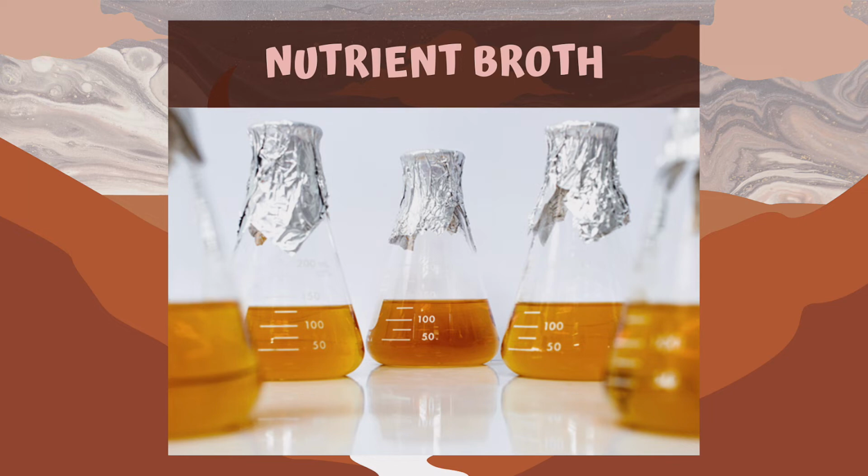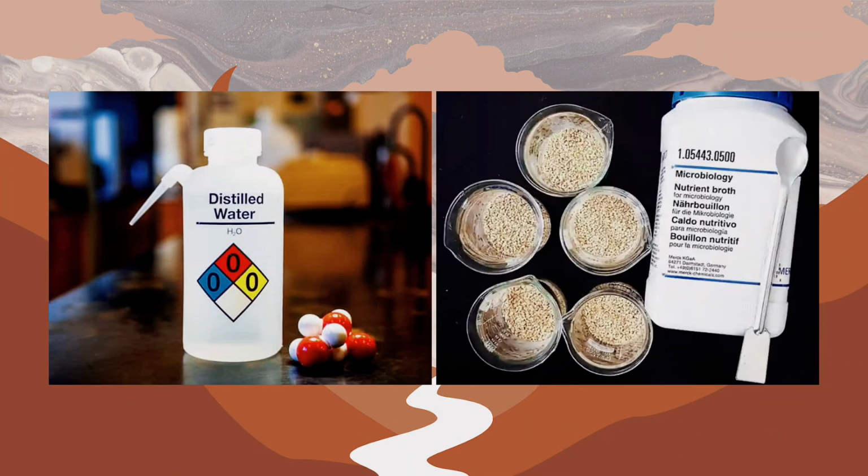Now, what do we need and how do we make it? Let me tell you, this is going to be quick and easy. All you need is distilled water and nutrient broth powder. Yes, you heard me right, just those two. Now, what do we do with those, you ask?